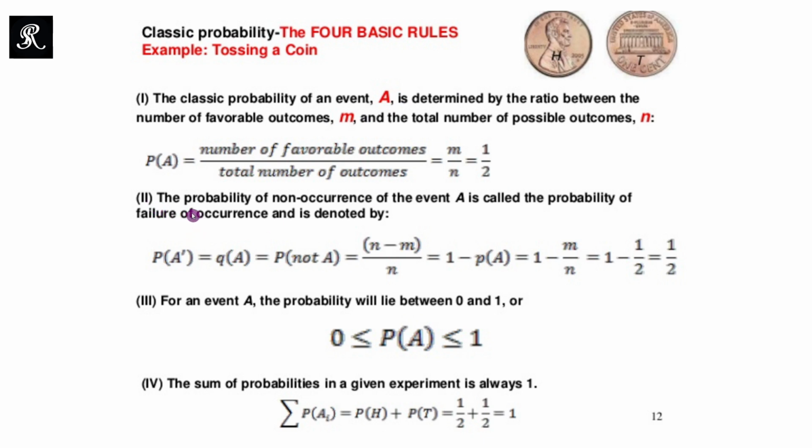The second rule is that the probability of non-occurrence of an event A is called the probability of failure of occurrence and is denoted by probability of A dash or A prime.